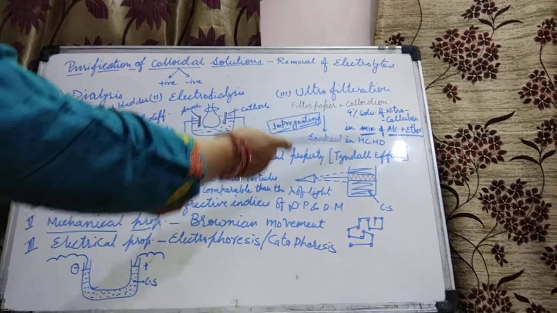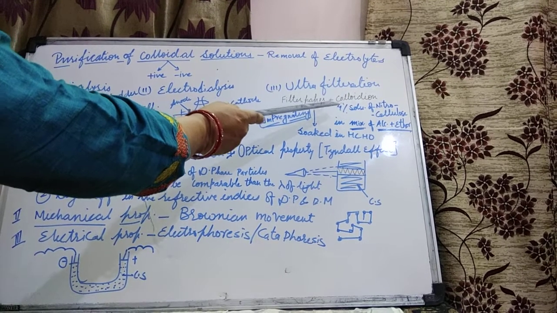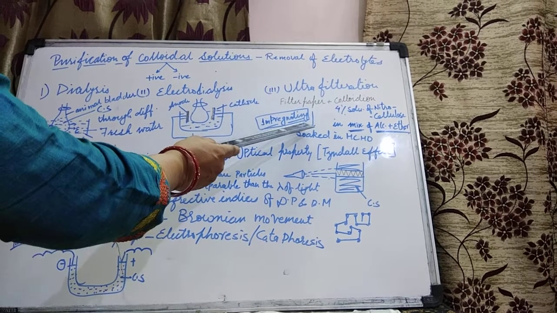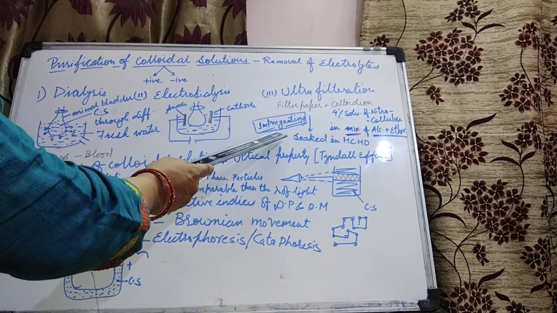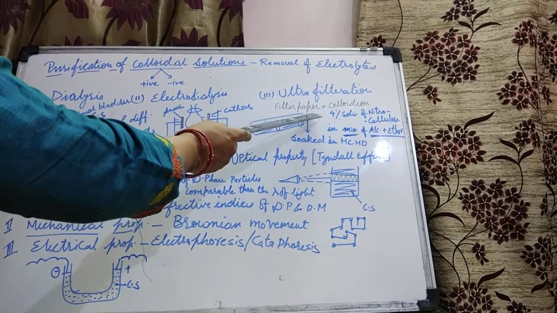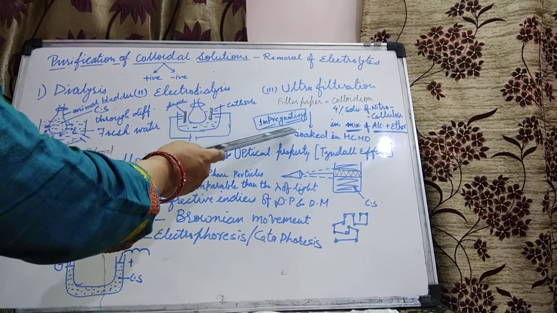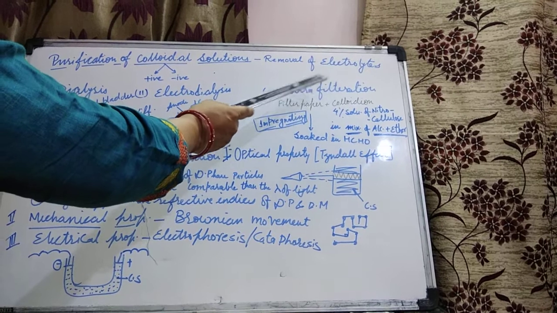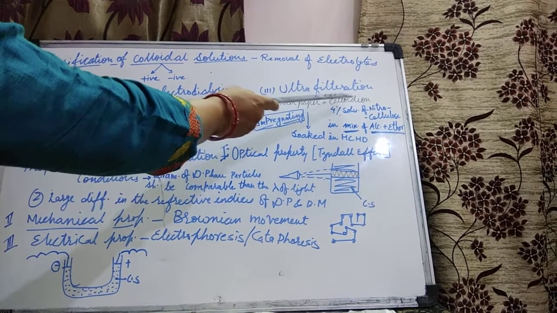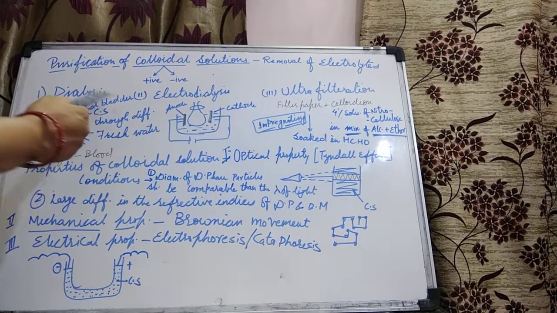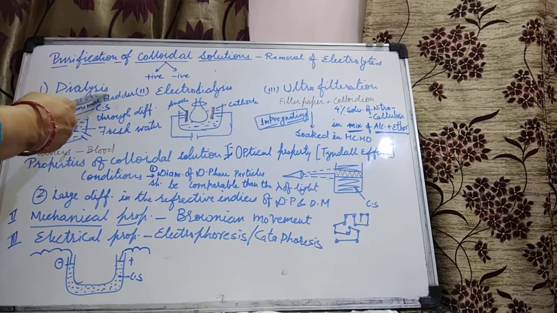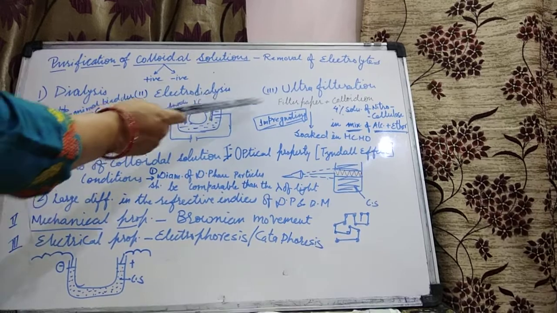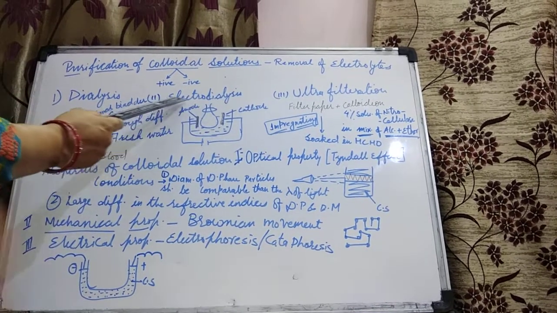This whole process of reducing the pore size of the filter paper is called impregnating the filter paper. By the process of impregnation, ultrafilter papers are produced, which are used for ultrafiltration. So these are the processes by which we can purify the colloidal solution and remove excess electrolytes from it.